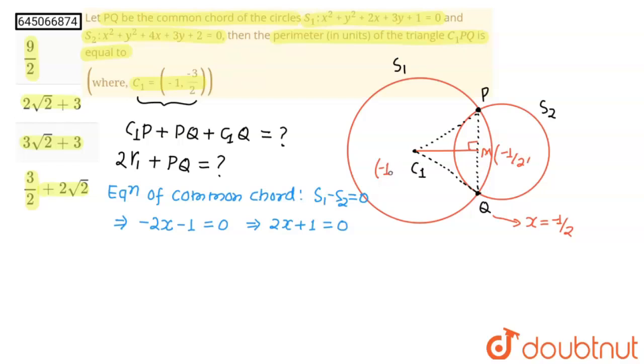And the y coordinate of both will be the same. Suppose the y coordinate is a, so this will also be a, because this is a horizontal line.